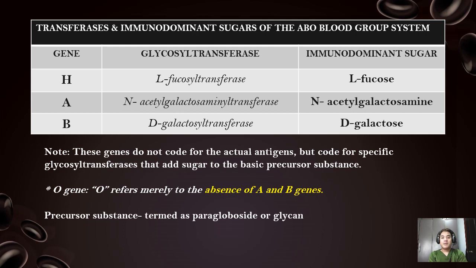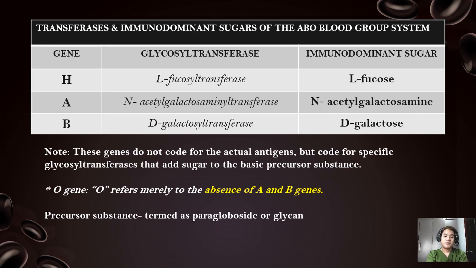Now, the conformational change, or addition of the fucose molecule to the terminal galactose, or the galactose-fucose linkage built, is now referred to as your H substance.